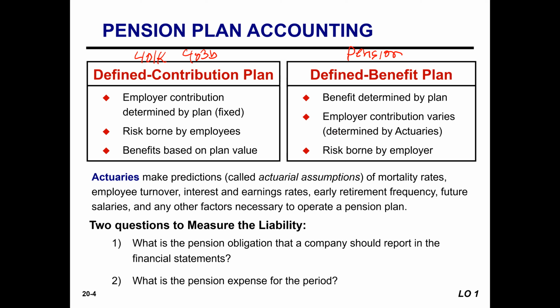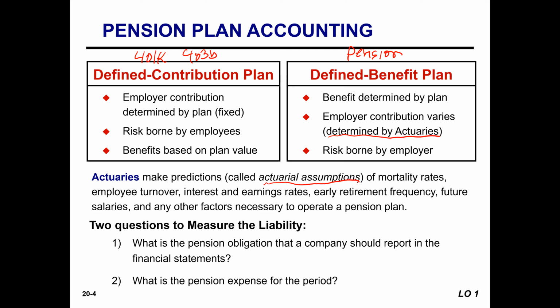And so this is determined by actuaries. Actuaries make predictions called actuarial assumptions of mortality rates, employee turnover, interest and earnings rates, early retirement frequency, future salaries, and any other factors that are necessary to operate the pension plan.